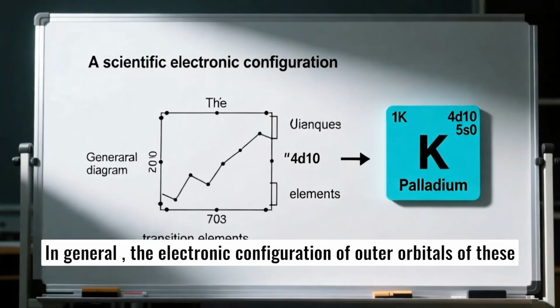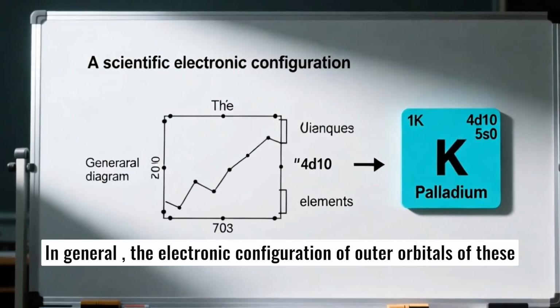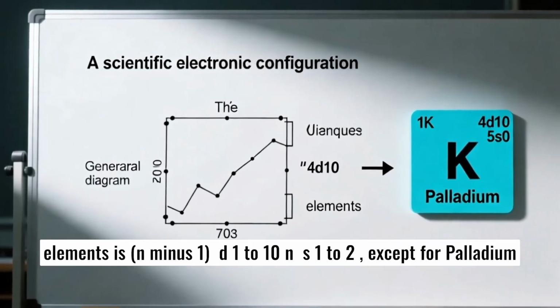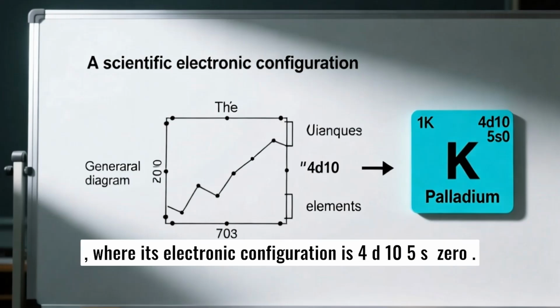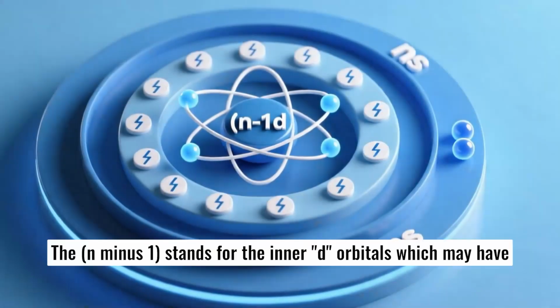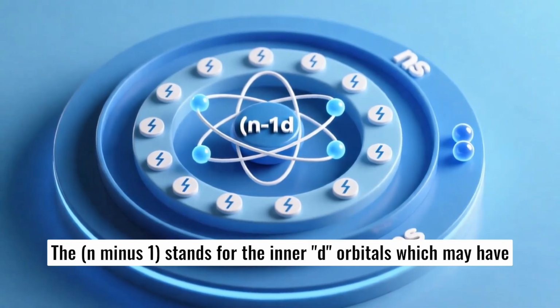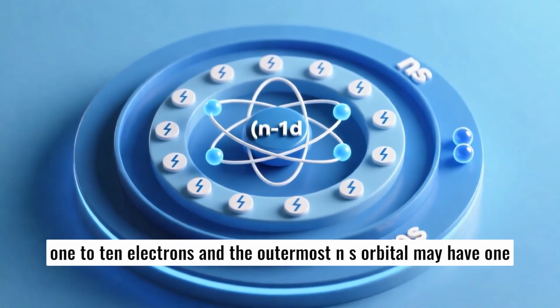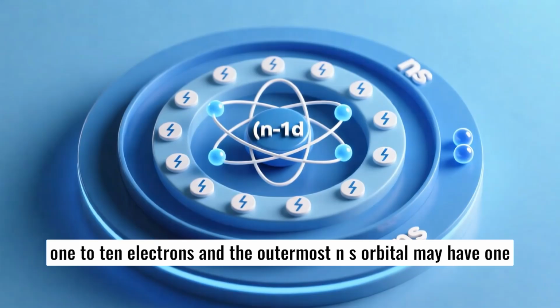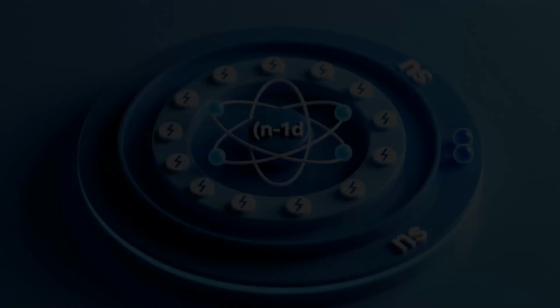In general, the electronic configuration of outer orbitals of these elements is (n-1)d1-10 ns1-2, except for palladium, where its electronic configuration is 4d10 5s0. The (n-1) stands for the inner d orbitals, which may have 1 to 10 electrons, and the outermost ns orbital may have 1 or 2 electrons.